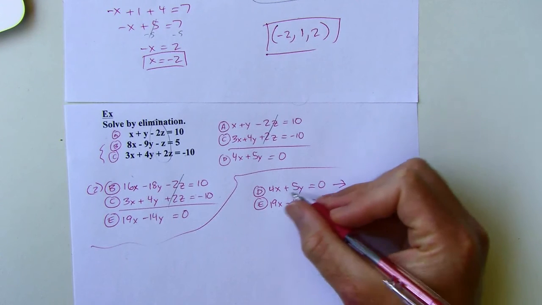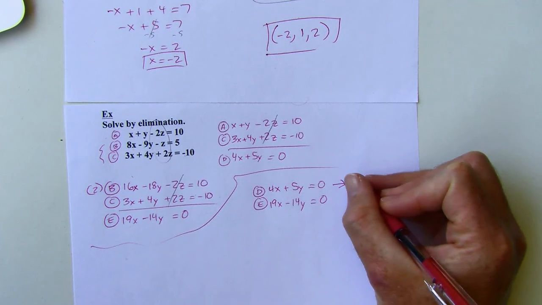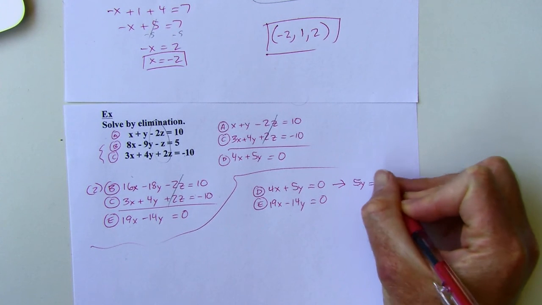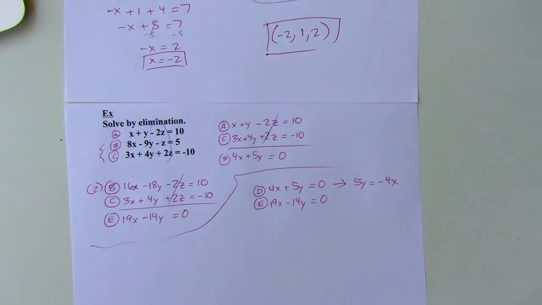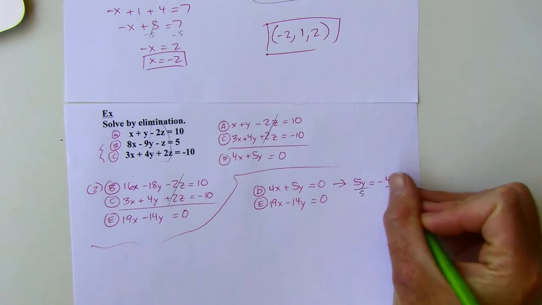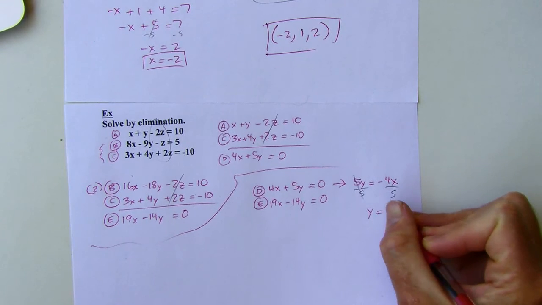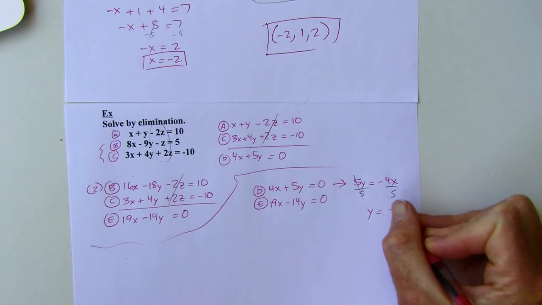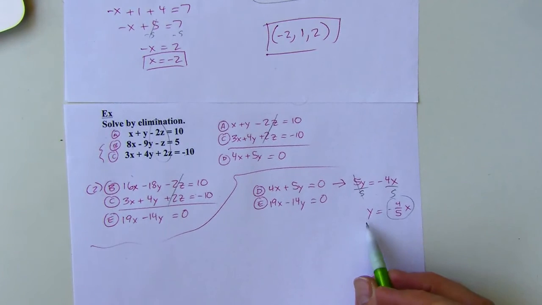So let's see. I'm going to subtract 4x from both sides. So 5y is going to equal negative 4x. And then I'm going to divide by 5 to isolate the y. So y is going to equal negative 4/5 x. Now I've got something that I can substitute into the other equation for y, right?